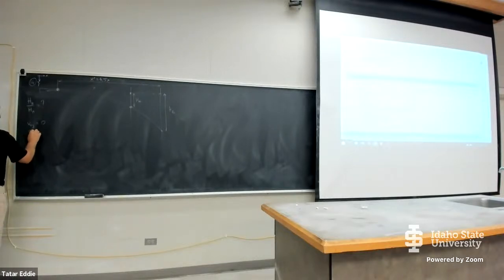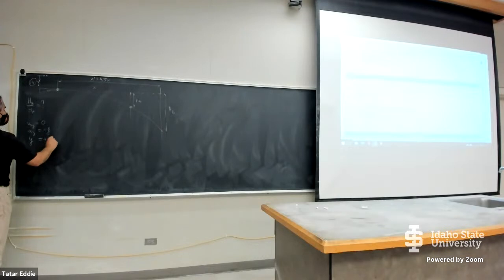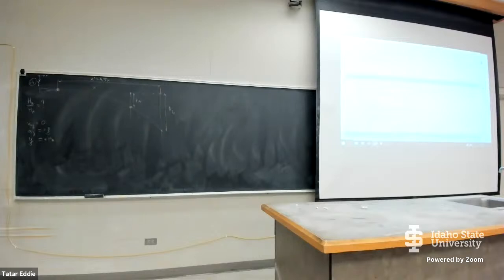Acceleration due to gravity in this coordinate system is positive 9.8. Vertical displacement in this coordinate system is plus some unknown number, but I'll think of it as a known number.